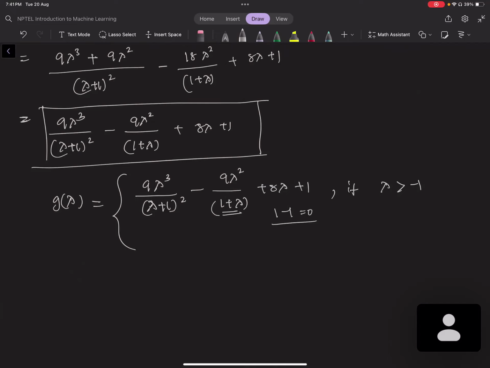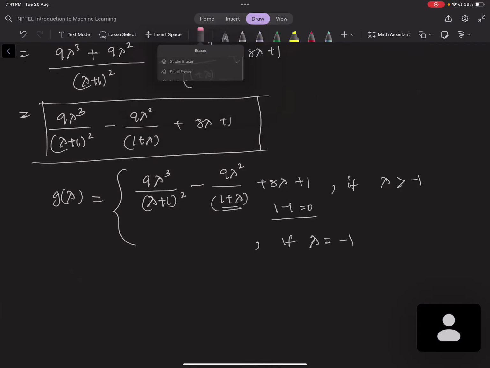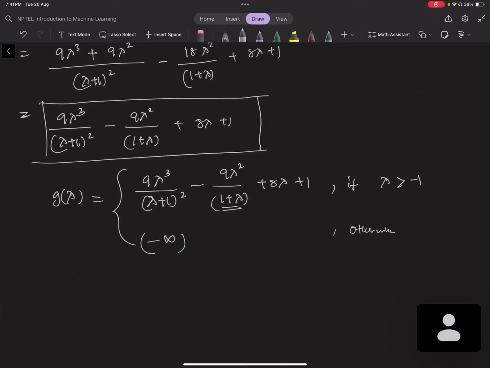Okay, for equality. So if lambda equals minus 1, not 0, it should be that; otherwise it is undefined, or minus infinity, because if it were 0 it would be minus infinity.